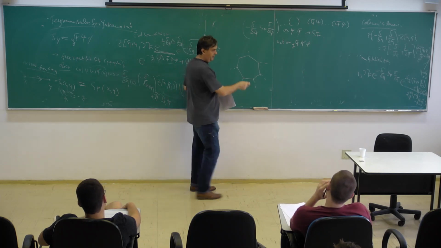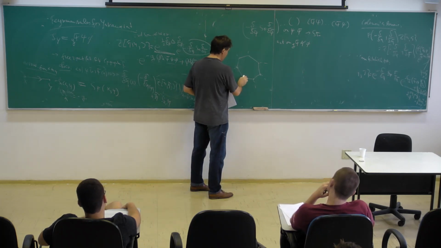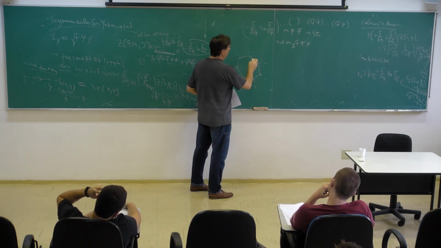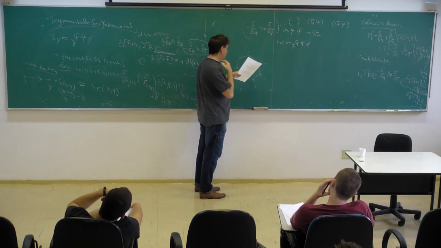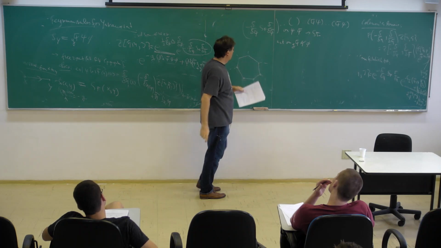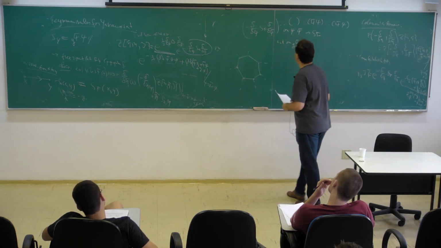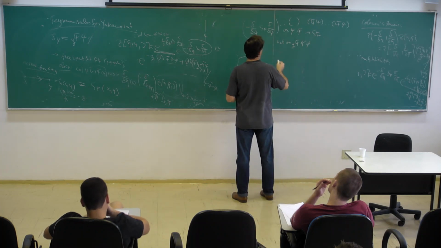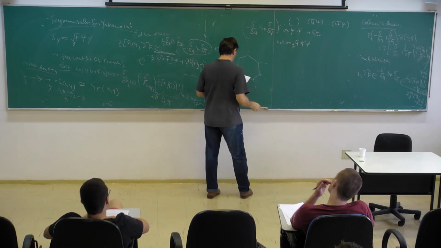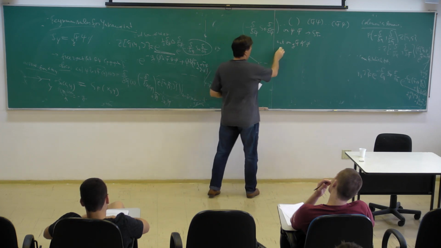If it contains a loop of fermions, then each of these things is of this type, psi bar, psi, phi. So each of these comes with psi bar, psi. But then I have, let's say, 1 to n.